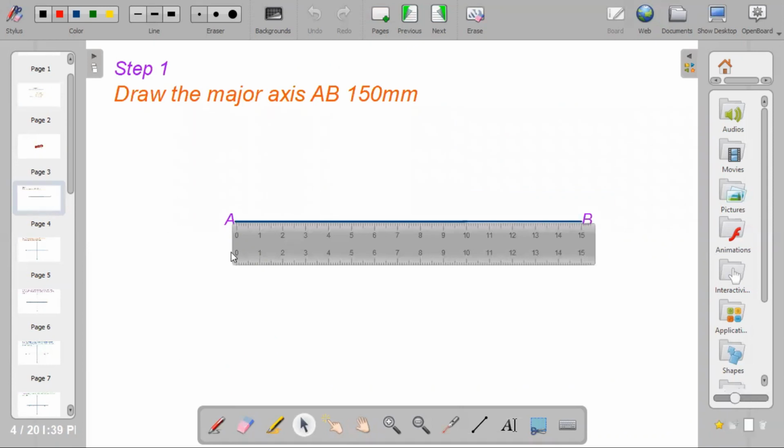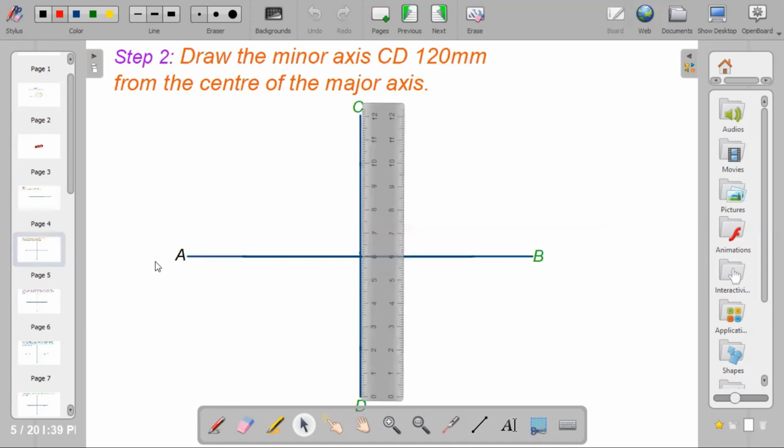So bring out your ruler, measure a line AB which equals 150 mm. Then locate the center of the line and name it as point O.